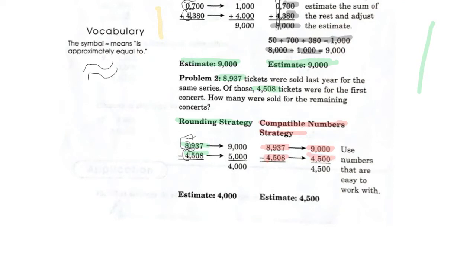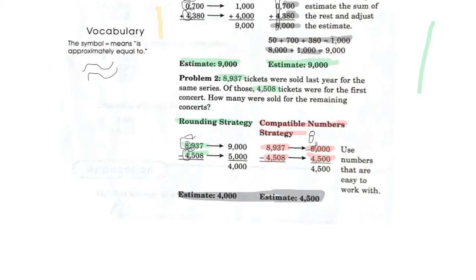Then I can subtract, and I got 0 minus 0 is 0, 0 minus 0 is 0, 0 minus 5, I can't take 0 minus 5. So if you remember old math, I borrow a cup of sugar from the neighbor and I get 10 minus 5 is 5. 8 minus 4 is 4. So on these two, I get an estimate of 4,000 and then 4,500.